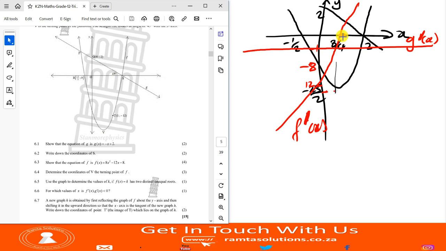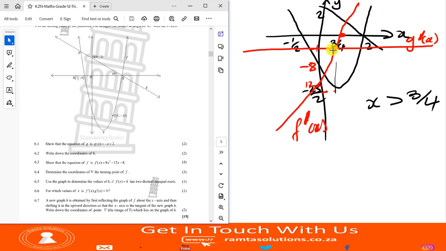Where is that? Look at this. For g prime, it's always negative, but f prime is not always negative. So your answer will simply be when x is greater than 3 over 4.